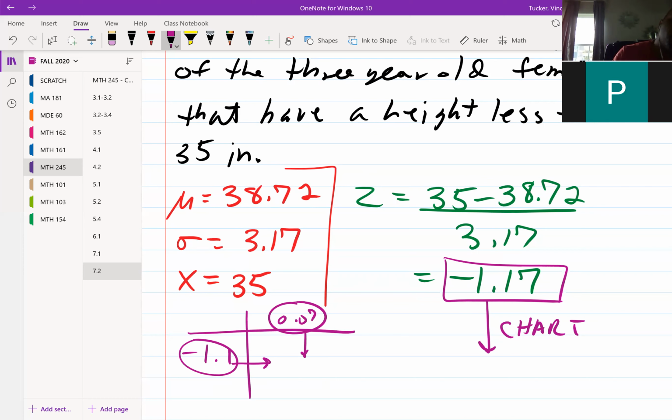And where they meet should be at 0.1210.